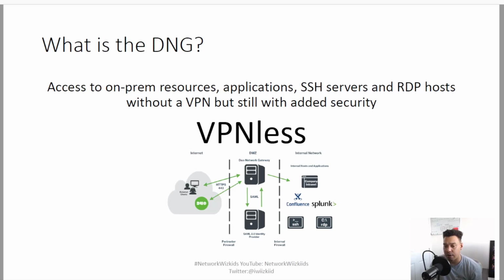That added security comes in the form of two-factor authentication, obviously provided by Duo, and there are other additional features that you can leverage with Duo, which we'll take a look at as we get into the demonstration. So essentially it's a VPN-less solution, so you can access on-premise resources without the need for a VPN, and that's great.